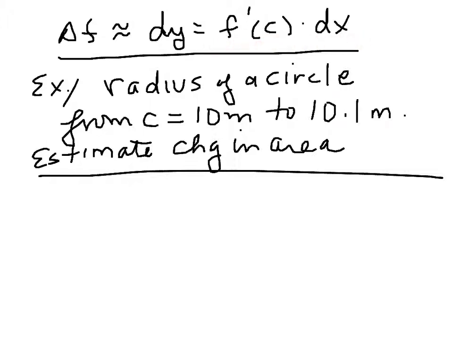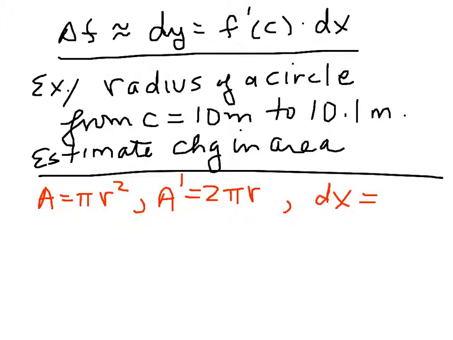So here's our work. We know that A is equal to pi r squared. So A prime is equal to 2 pi r. And we also know that dx is equal to, remember, we're changing from 10 to 10.1, so dx is equal to 0.1.